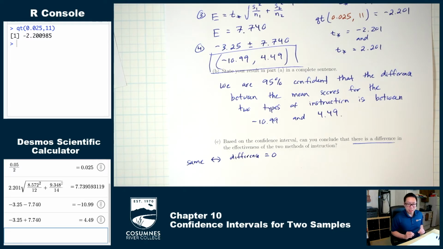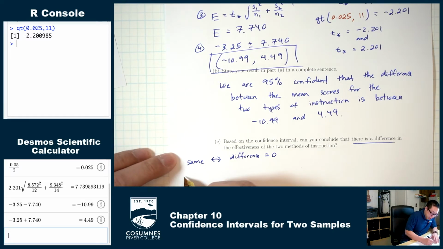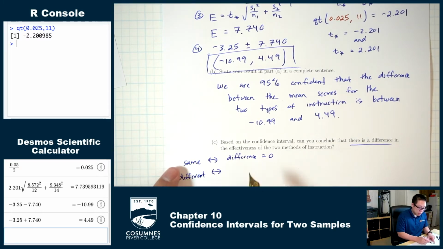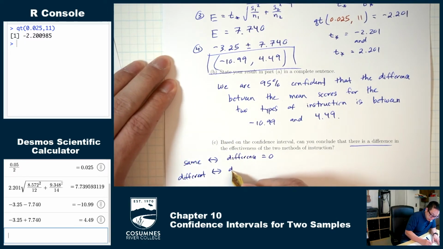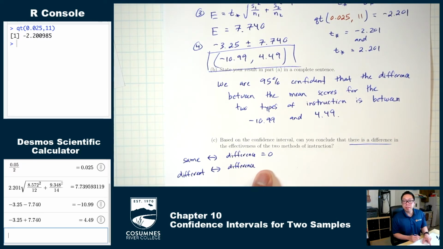Okay? Now, what does being different mean? So different, if being the same means that the difference is zero, then being different means that the difference is not zero.